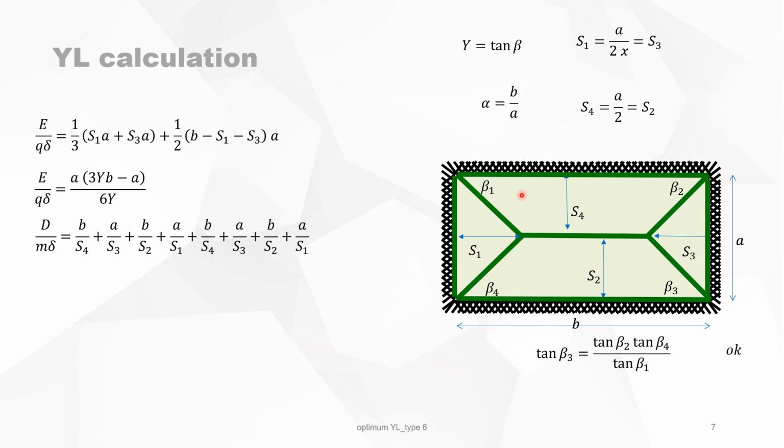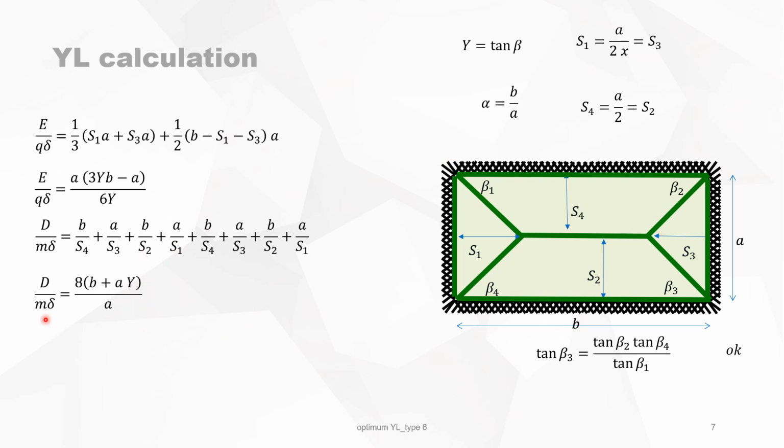Of course, we also have the yield lines at the supports, which is B divided by S4, A divided by S3, B divided by S2, and A divided by S1.